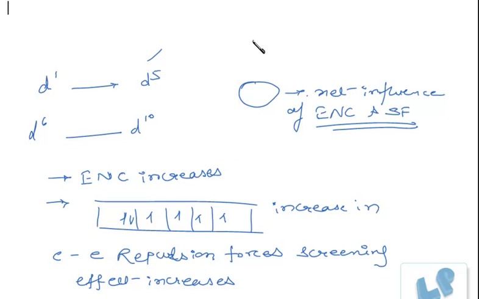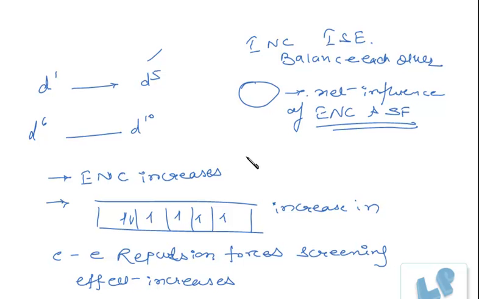So the increased nuclear charge and the increased screening effect balance each other. And so the atomic radii remain constant or almost constant.